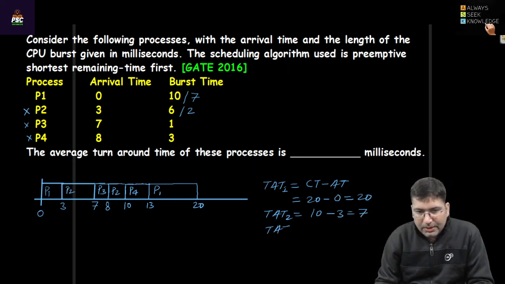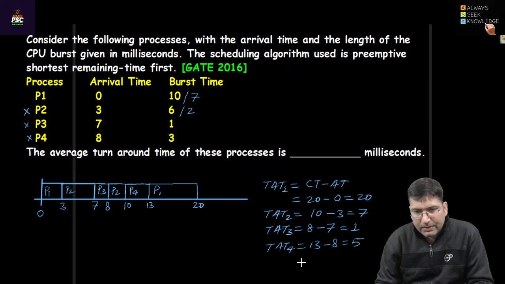Then you can calculate TAT for the third process, P3. P3 finishes at 8 and it arrived at 7, so only 1 is the TAT for this. The fourth process P4 finishes at 13 and it arrived at 8, so that means 5.